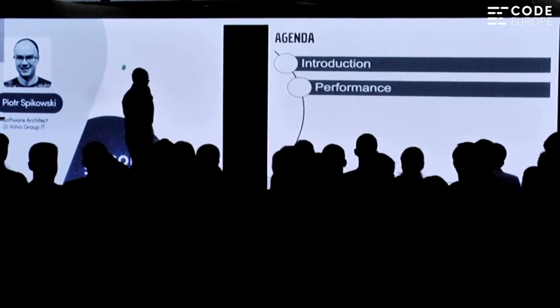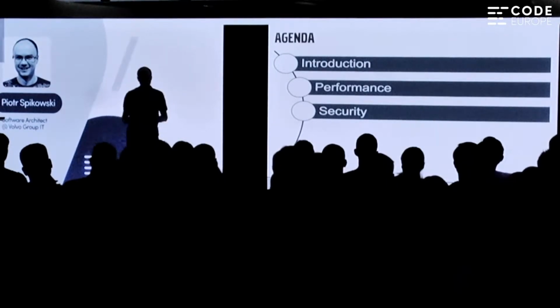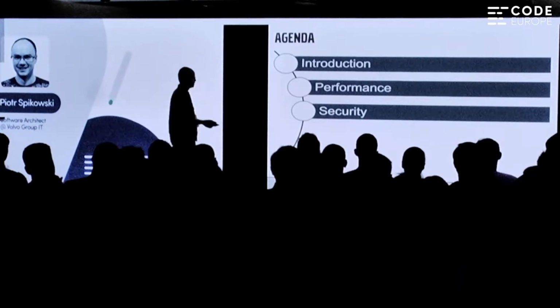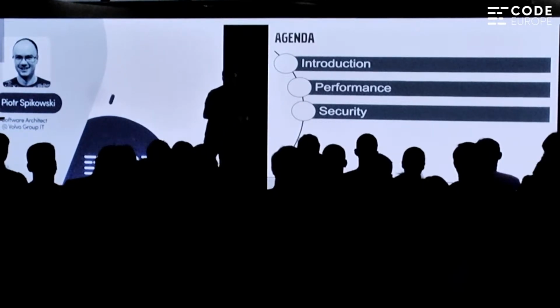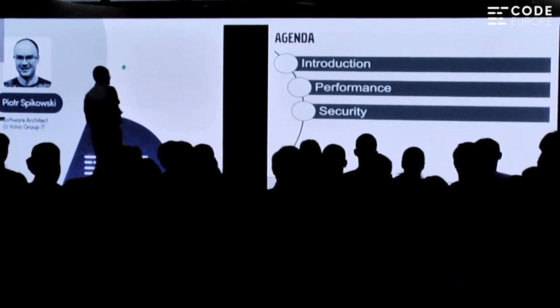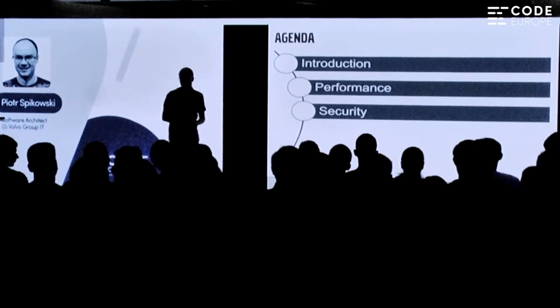For today, we have selected a few areas. The first one is performance. The second one is security. We will also talk about some of the knowledge behind them, giving you some background for each. Then we will look at some simplified code examples for each of the areas.